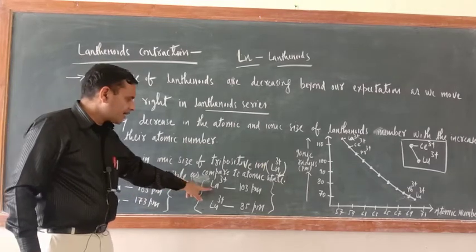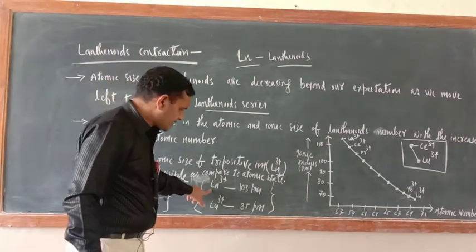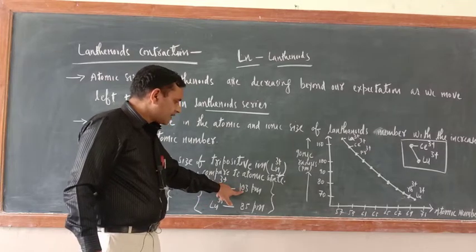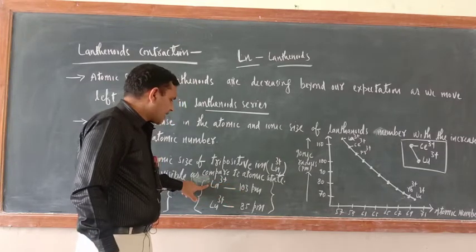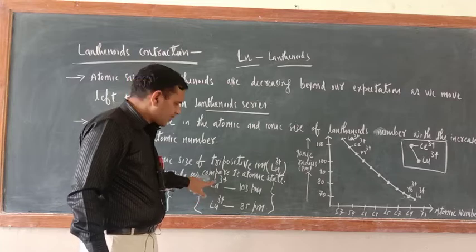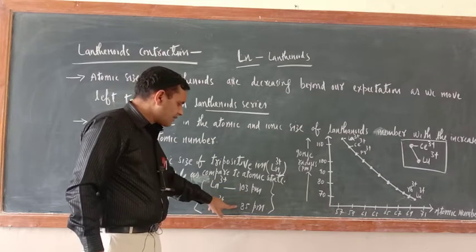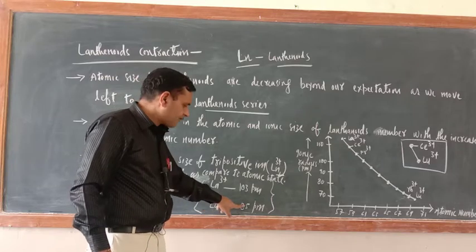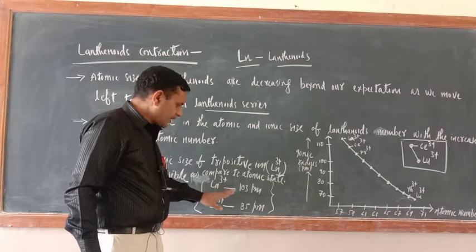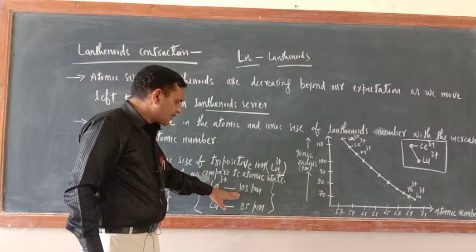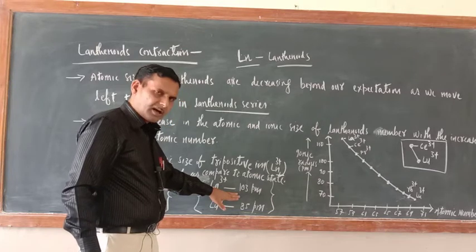But if you take their tripositive ions, just see here: 103 picometer, that is the tripositive ion of lanthanum, and for lutetium, the last member, the tripositive ion is only 85 picometer. So what is the meaning of this, and how much decrease is there?